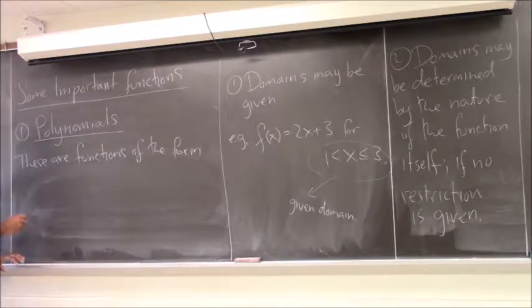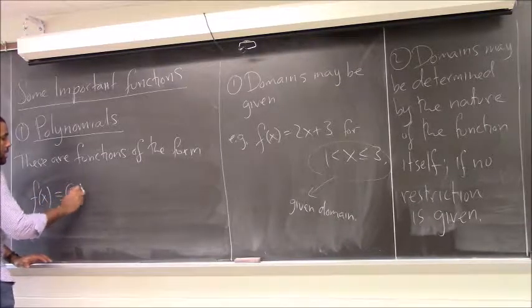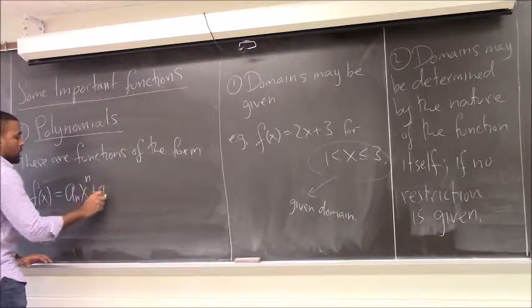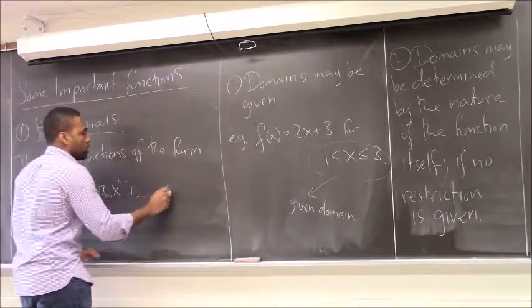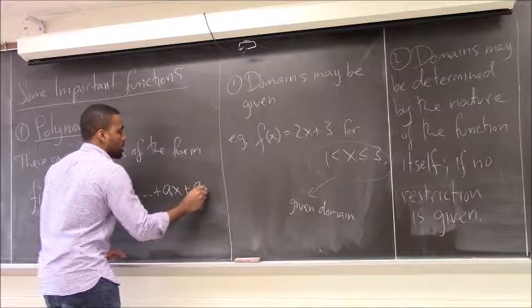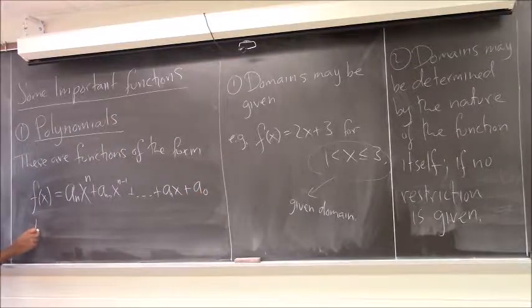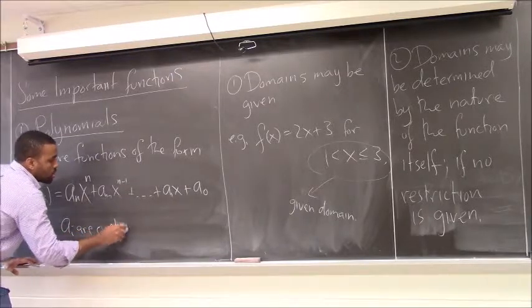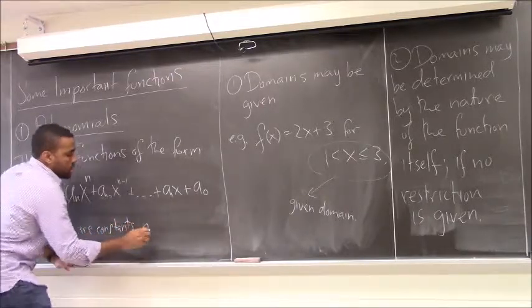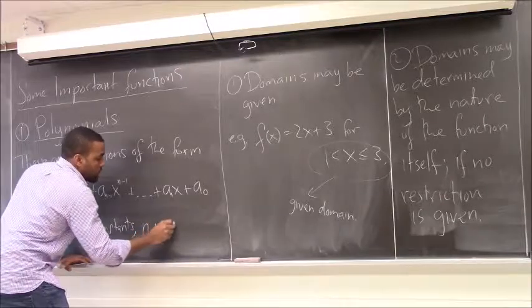So these are functions of this form: f of x equals, or y equals, or something equals a_n x^n plus a_(n-1) x^(n-1), and they can count down, where the a_i's are constants and n is a non-negative whole number.